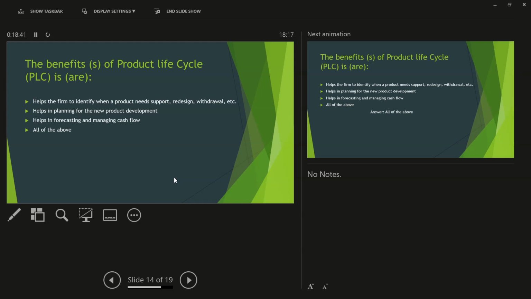Then this question is just to count the benefits of the PLC that we have been taught so far. So what do you think the benefits of PLC are? And can you also give me one more or any other benefits apart from what is listed here? Okay, first tell me what should be the right answer.